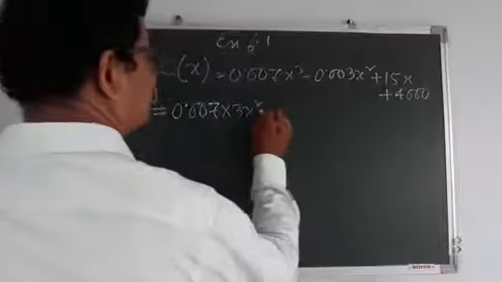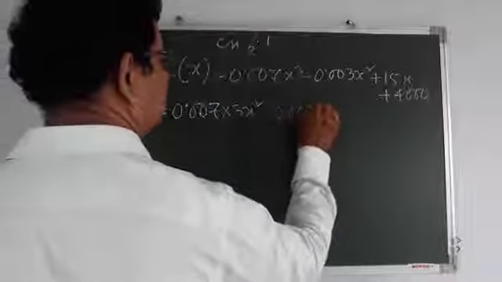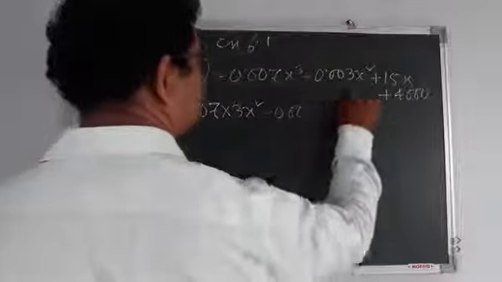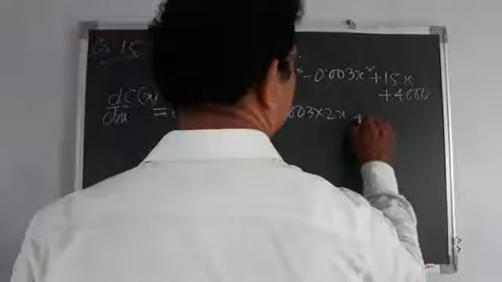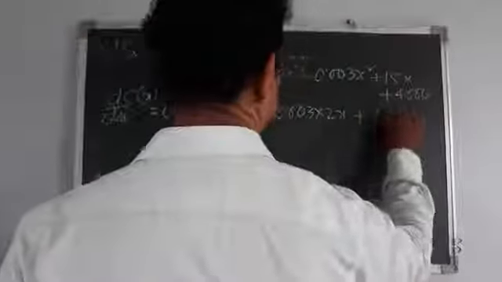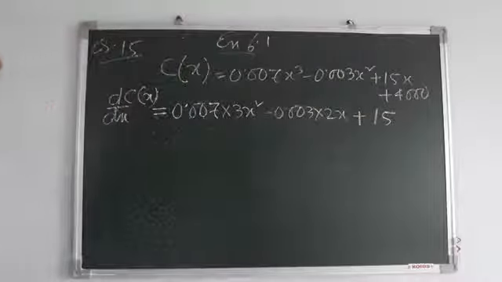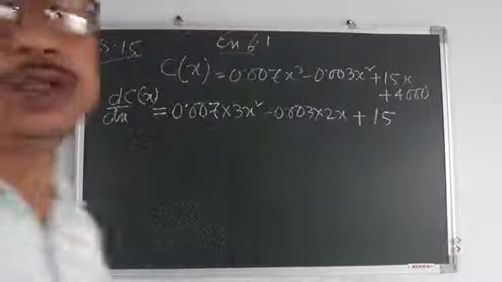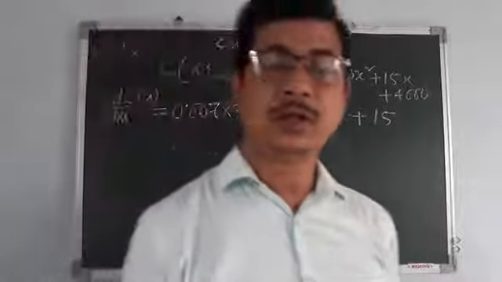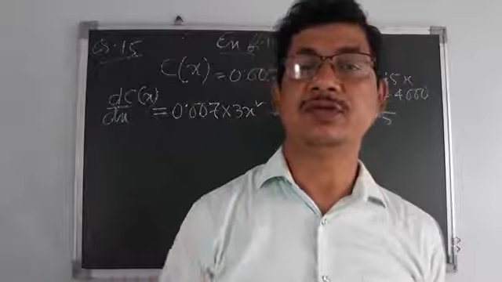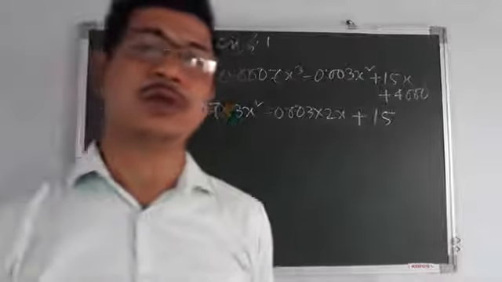Then 0.003 into 2x. If we differentiate x it is 1, so 15. So this is your marginal cost. Simple thing. We have that knowledge only, that differentiation of cost price is marginal cost.